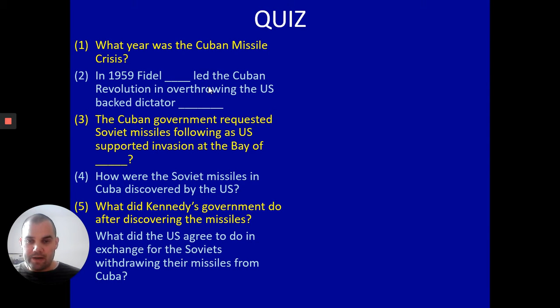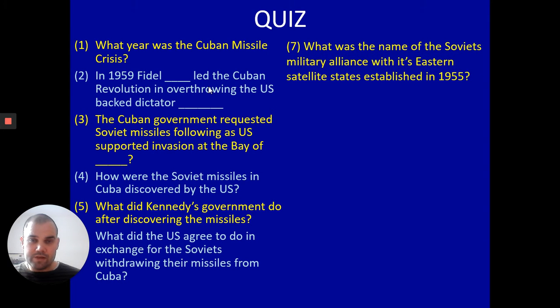This is the deal they made at the end of the Cuban Missile Crisis. Right, number 7. What was the name of the Soviet military alliance with its Eastern Satellite States established in 1955?